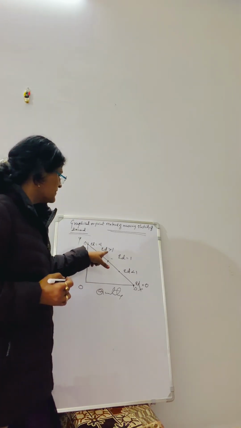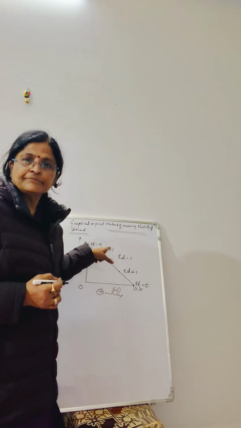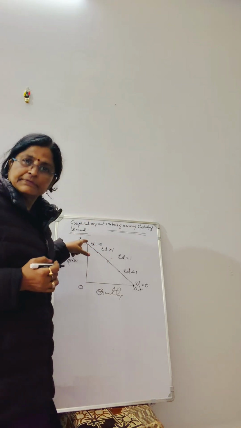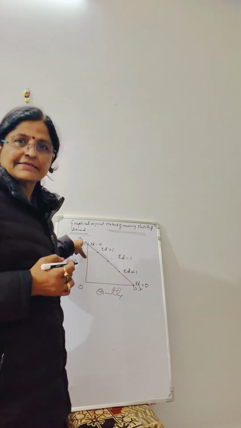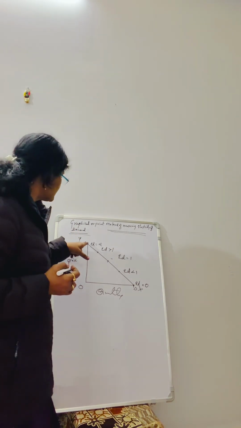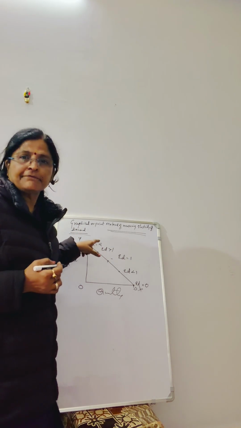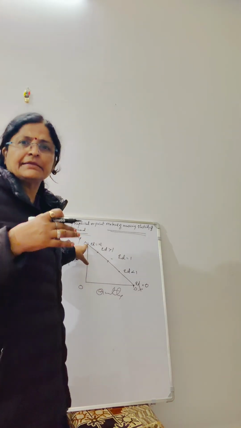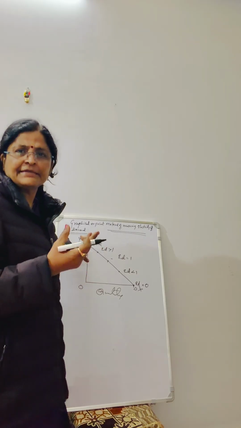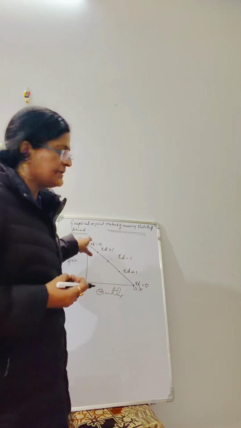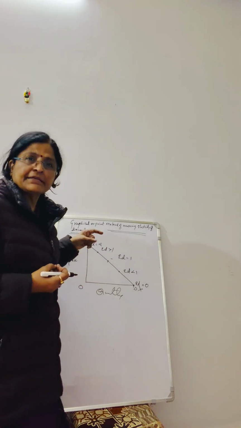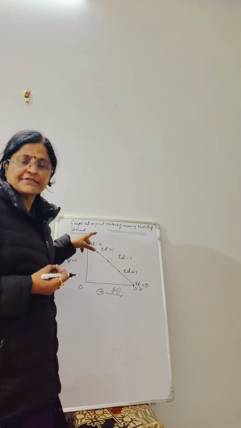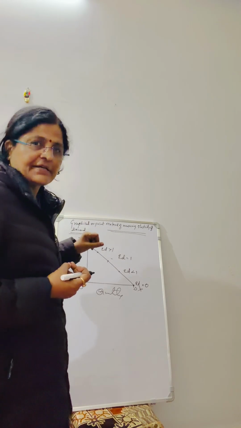And now when we come to the y-axis, we can see here that ED is equal to infinite. With a slight decrease in the price of the commodity, or even without any change in the price, the demand increases to the maximum extent, which we call ED is equal to infinite, that is unlimited.